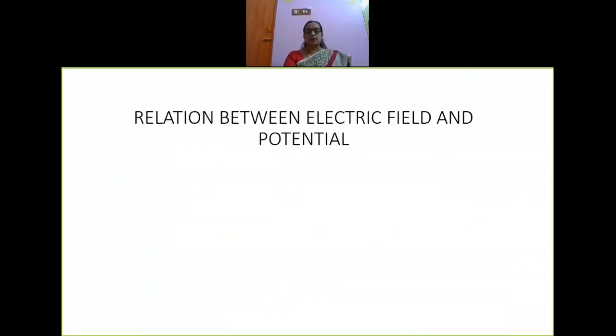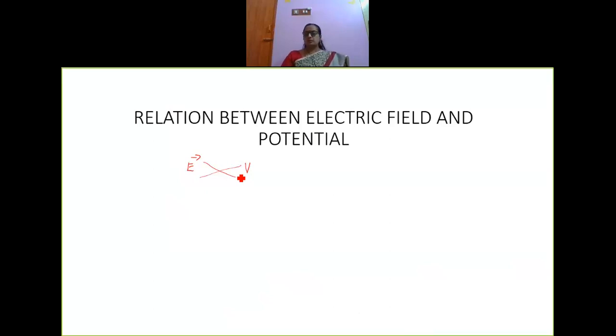Okay? Now next we move on to again a very important topic, the relation between electric field and potential. Now we know electric field is represented as E vector and potential is represented by V. So what is the relation between these two?